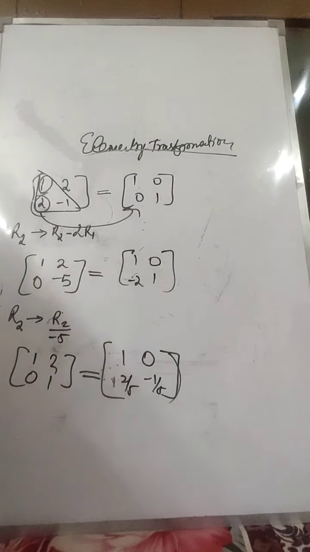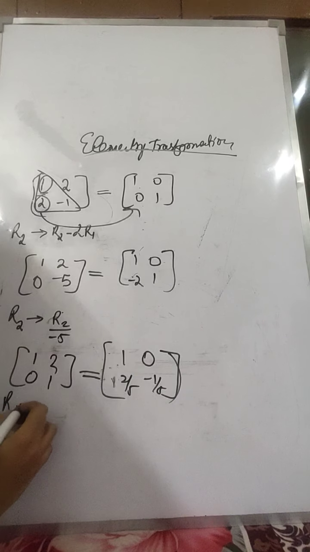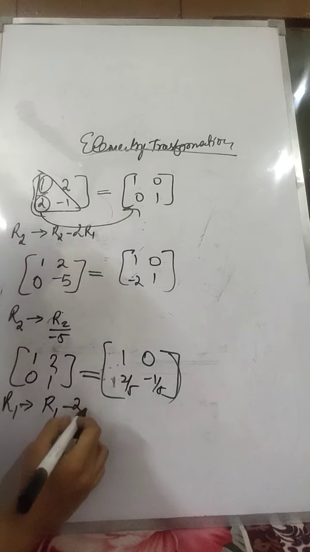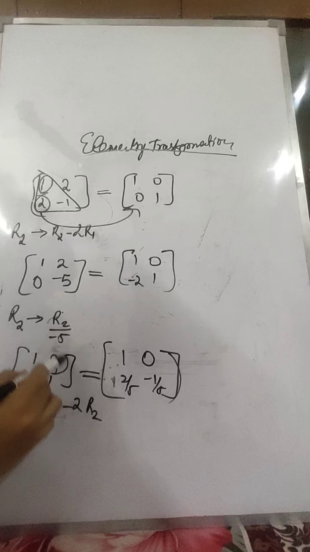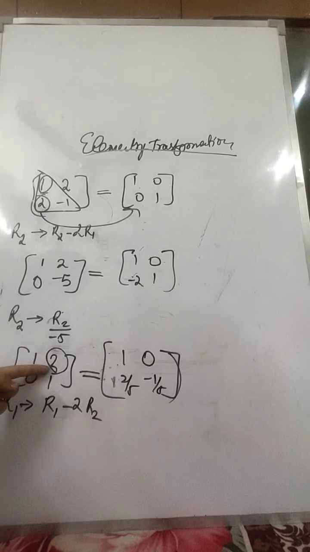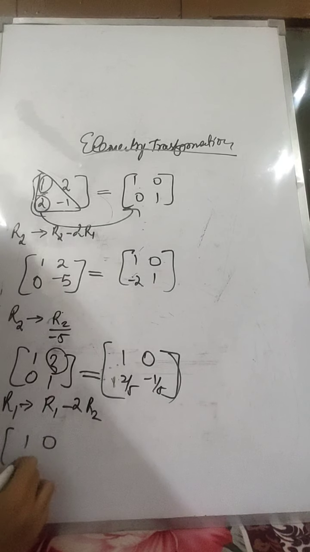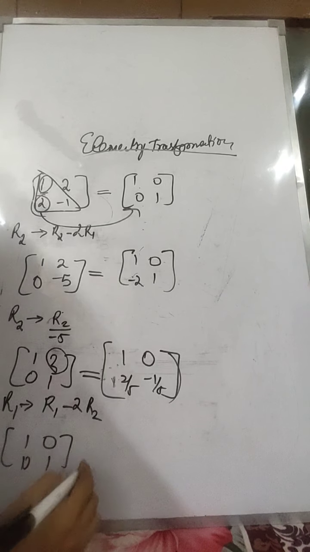Now the next step will be, I'll change R1 to R1 minus 2 times R2. So my last step is to change this as 0, and I'll get 1, 0, 0 and 1. I got this.